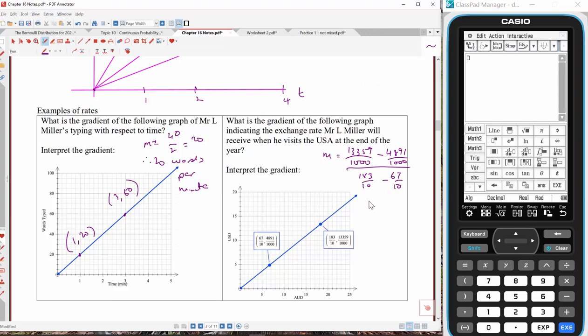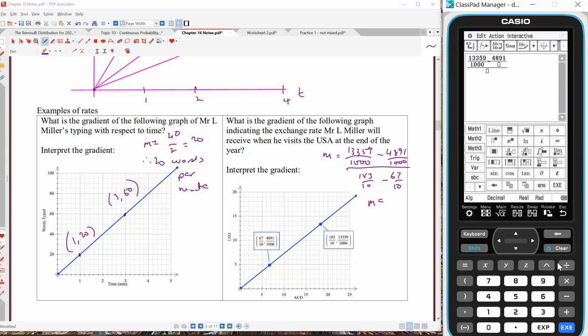All right, let's see what m is equal to. And we'll use the divide key and then another divide to put my fractions in. 13359 over 1000, take away 4891 over 1000.